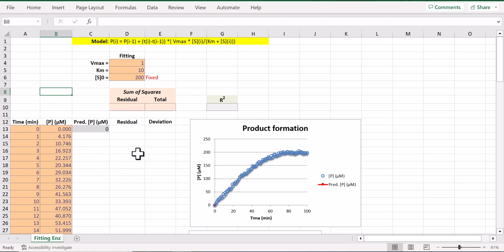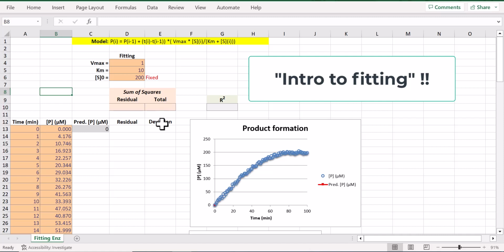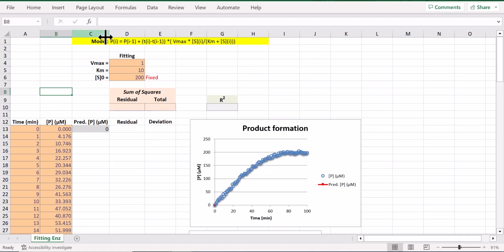This spreadsheet resembles the one I showed in a previous video, Intro to Fitting, where I have written the model at the top strictly for annotation purposes, and I've set up the cells that contain the parameters for the equation, two of which will be fitted, Vmax and Km, and I've prepared columns for the measured kinetic data, time and product concentration.